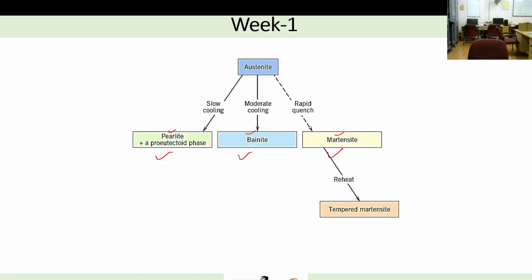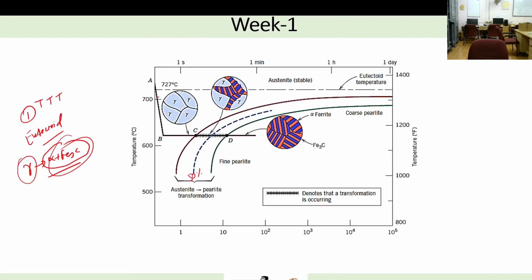So if you are in the austenitic region and you are cooling it, the cooling rate may be different. So here it is like this. When you cool it and hold it around, let's say, 620 degrees Celsius, what will happen at C? The austenite to pearlite transformation will start, and at D it will be a completely pearlitic structure.